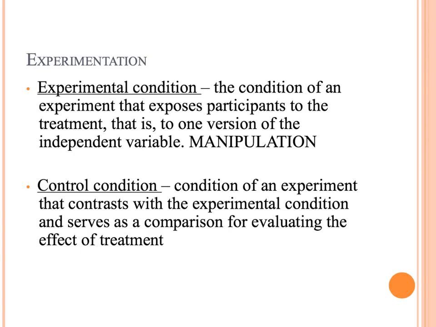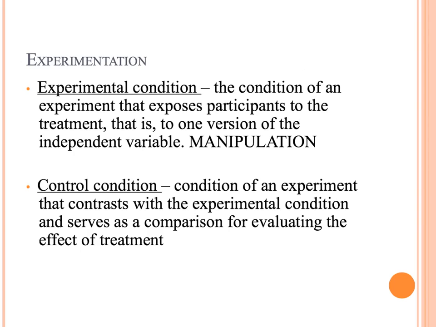The control condition or control group is the condition of an experiment that contrasts with the experimental condition and serves as a comparison for evaluating the effect of treatment. So the control condition receives the placebo and no manipulation, to gauge the difference from the experimental group, who did receive the manipulation or treatment. This manipulation is often referred to as the independent variable.